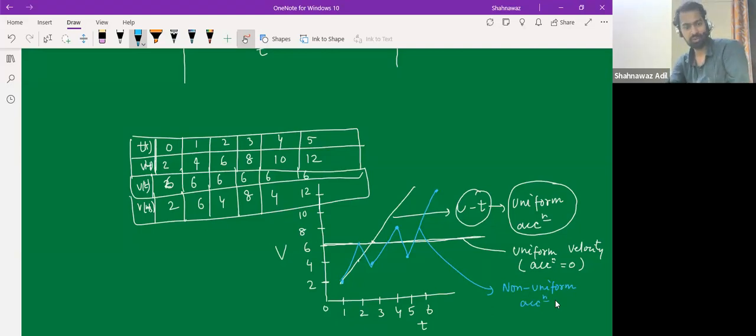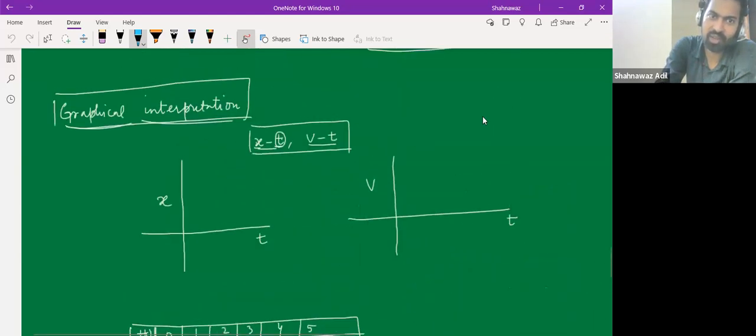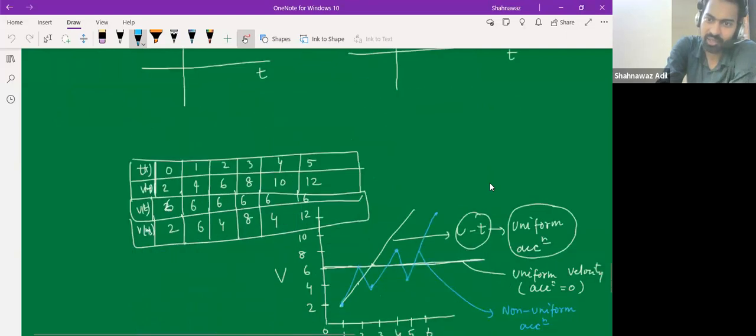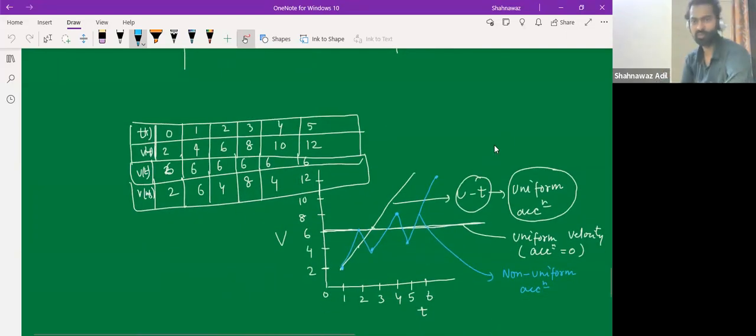So this is about the velocity diagram. Did you guys understand about all the kinds of motion that we can have? Yes, sir. So please draw this graph, and then we'll talk about the derivation.